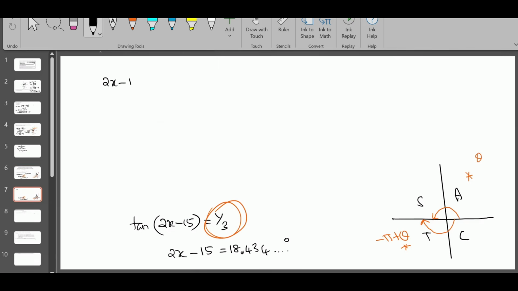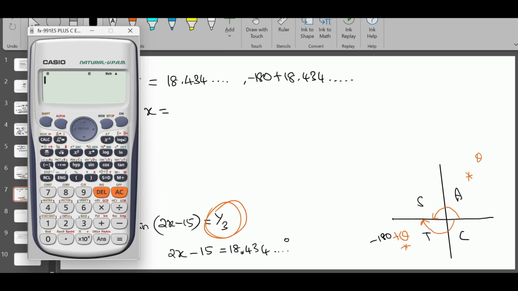So 2x minus 15 is, theta is the principal value, 18.434, comma, minus pi plus 18.434. We need to get these two values, but we need to use degrees, minus 180, not pi. This is also minus 180. So make x the subject now.